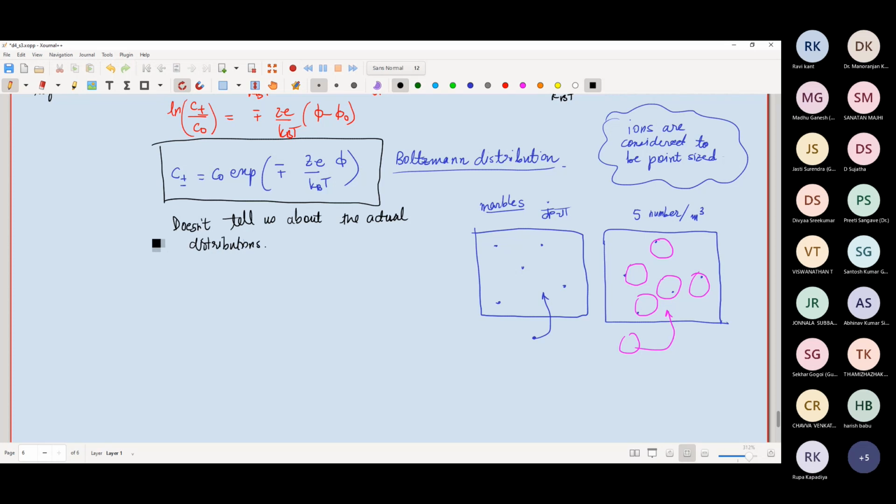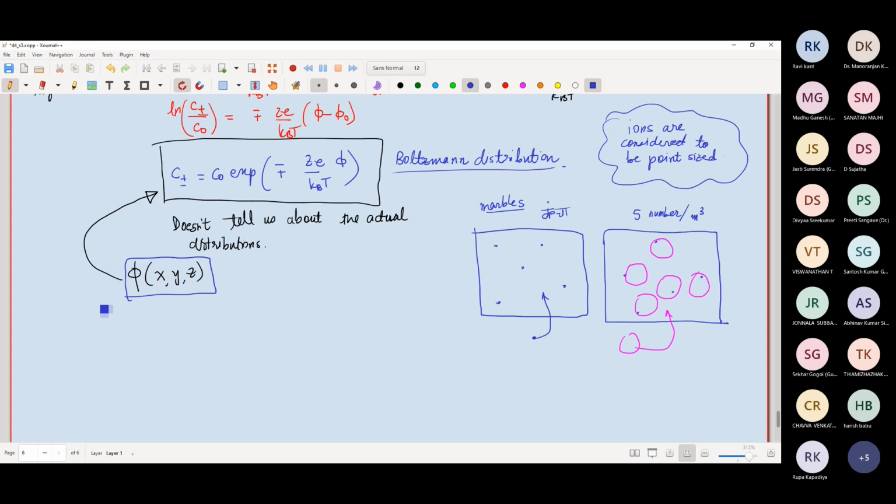It only tells us that given a spatial distribution of potential, I would then be in a position to find out the distribution of ions. This is the only information we have. So we must find yet another equation which will help us find the distribution of potential.